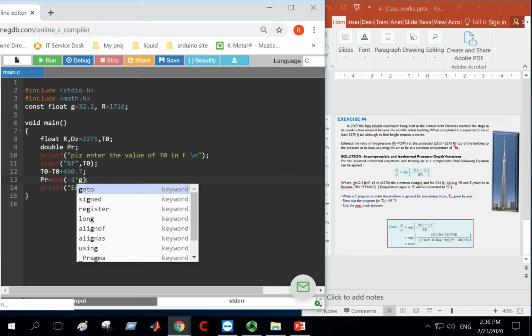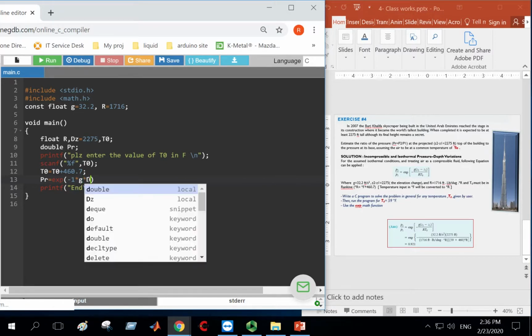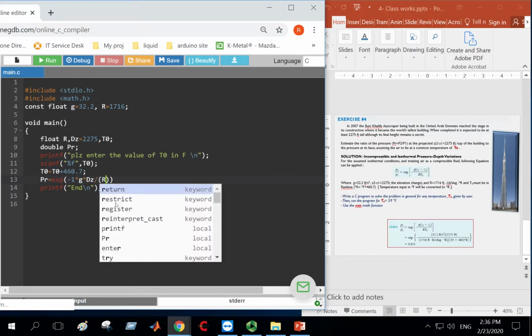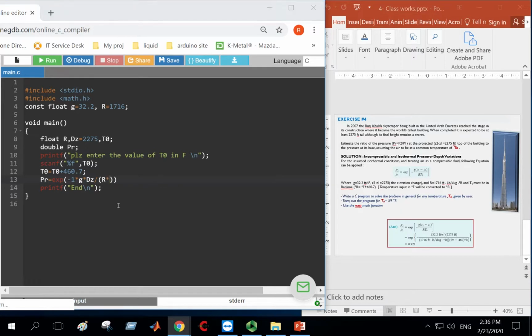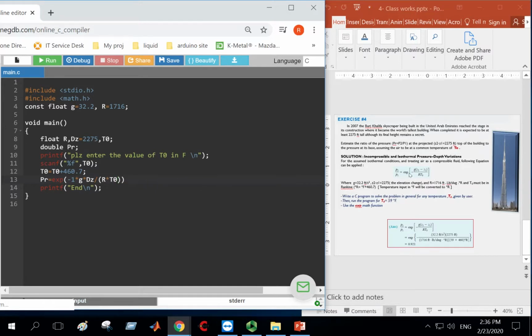Then multiply by the difference in height dZ, divided by R T0, that is, divided by R, the constant, multiplied by T0, which is already converted to Rankine. Again, minus 1 multiplied by G multiplied by the difference in height divided by R T0. And then we end the line with a semicolon.